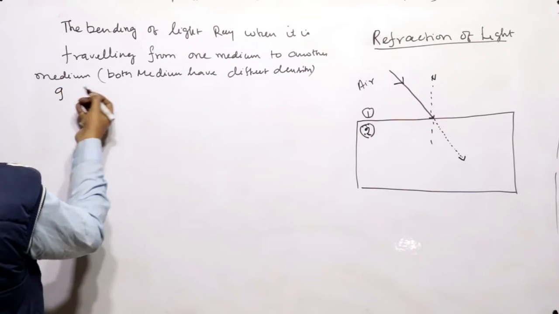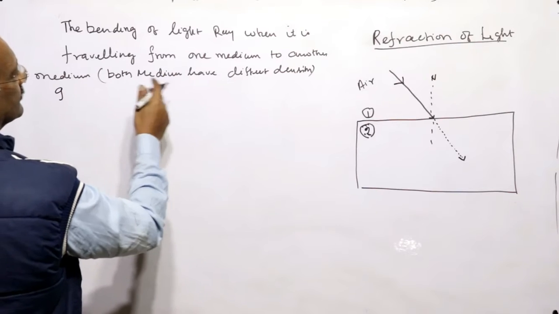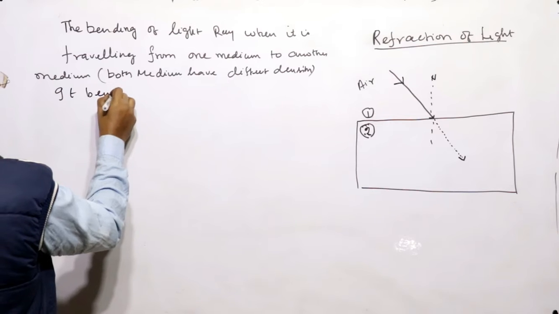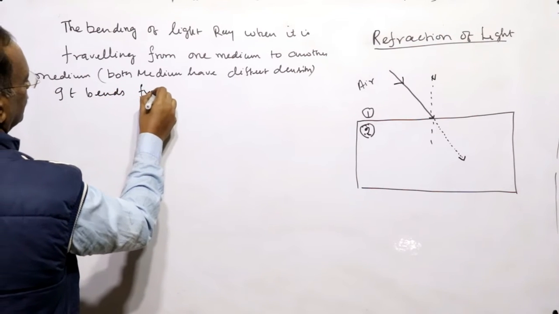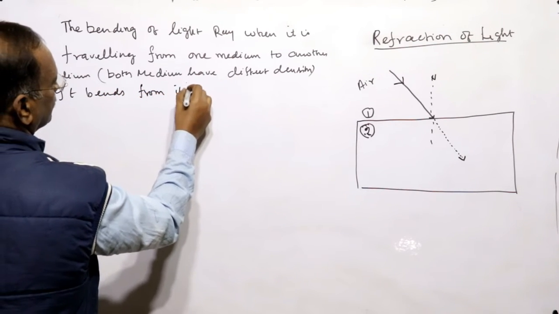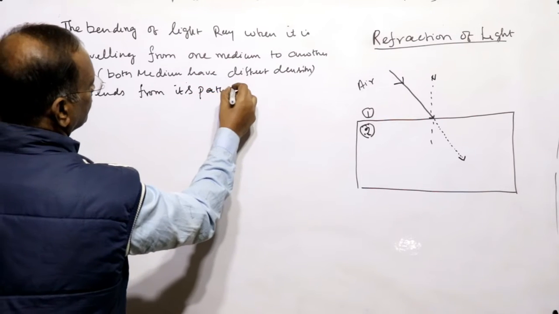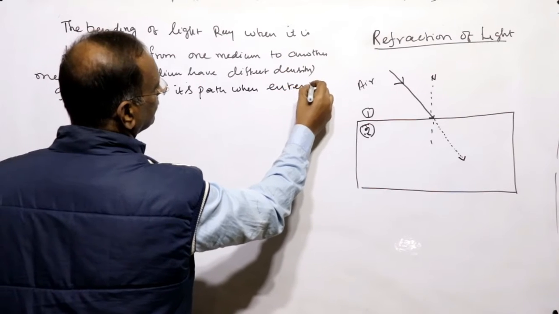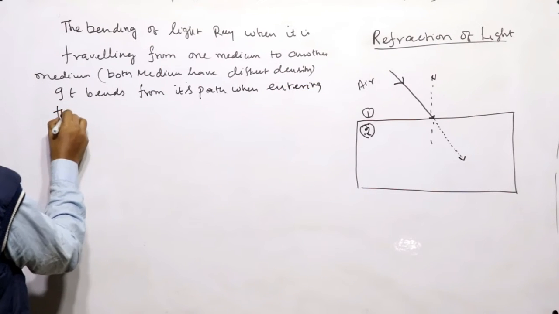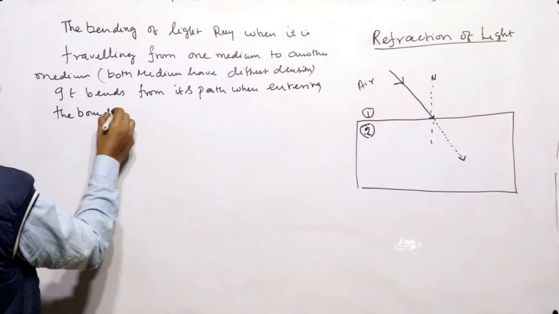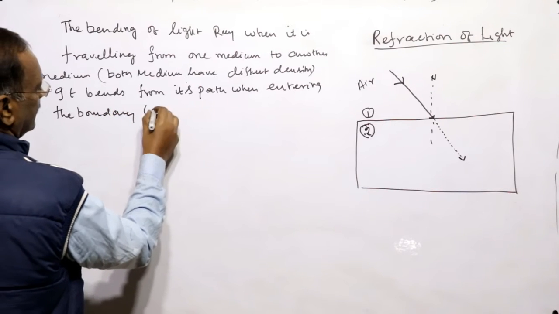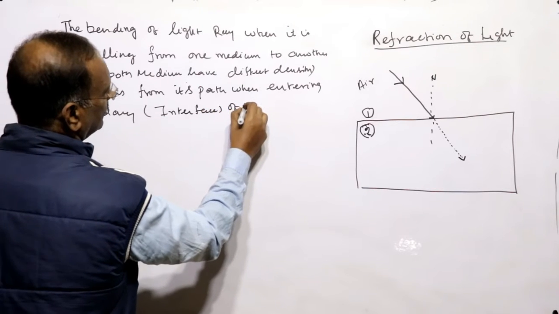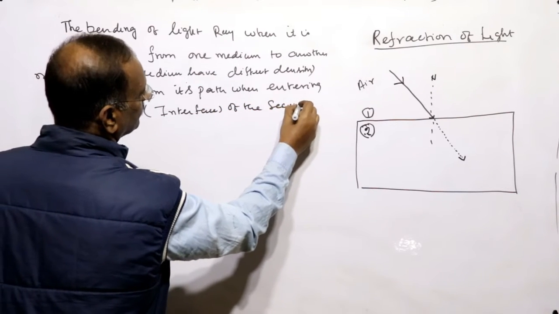Light bends from its path when entering the boundary, which we call the interface, of the second medium.